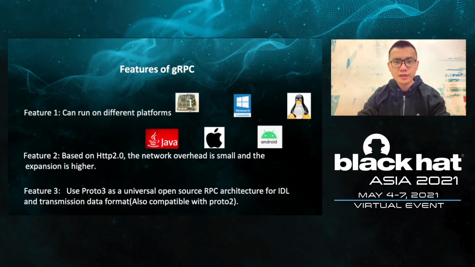Undoubtedly, this increased the cost of attacking the application network interface, but it is not indestructible. In this briefing, we propose a method that can automatically exploit vulnerabilities in the server interface for applications that use the gRPC protocol.